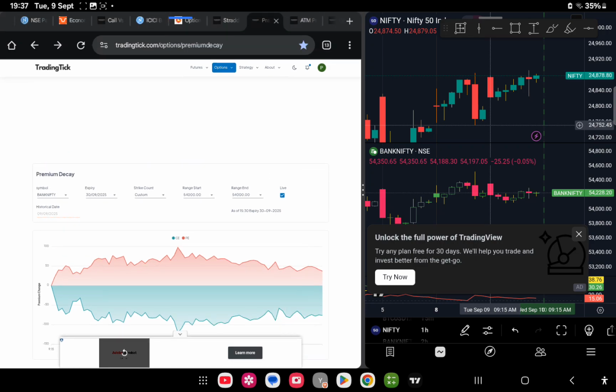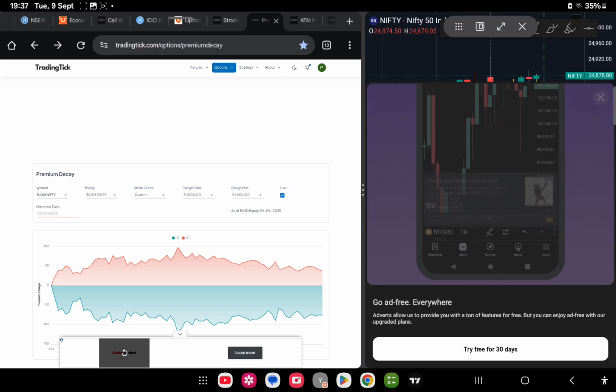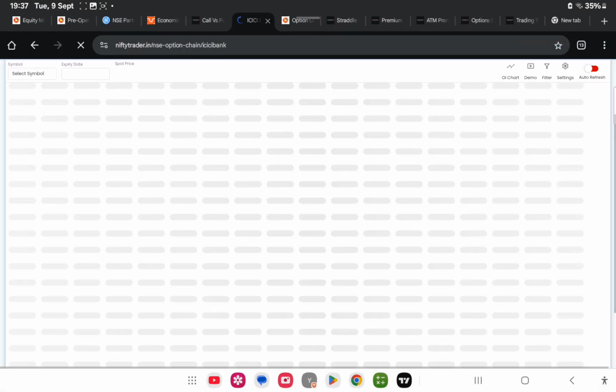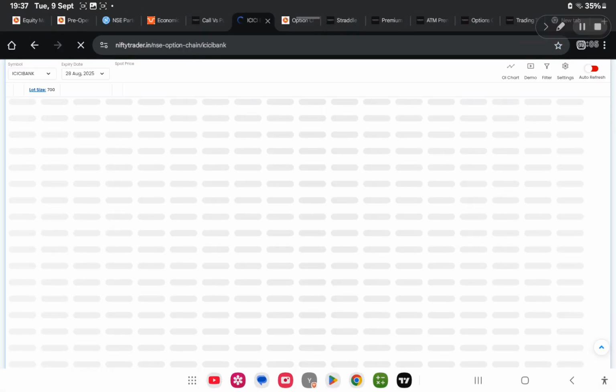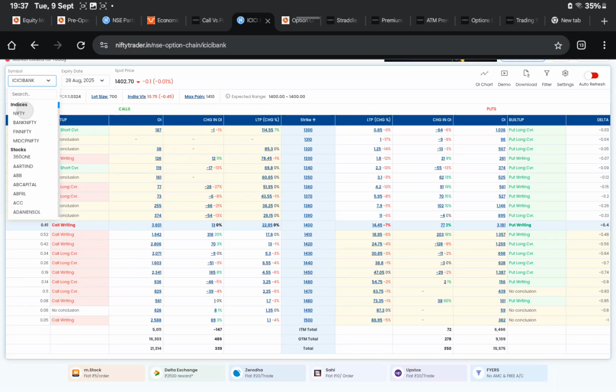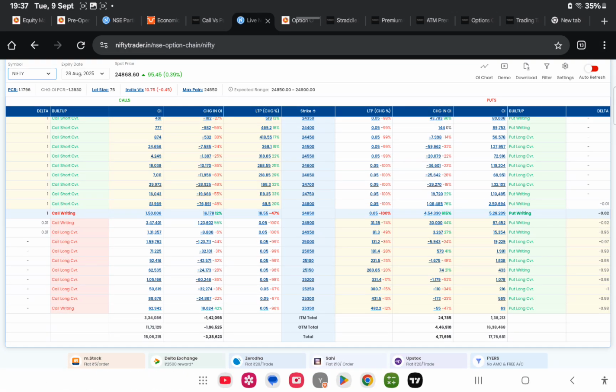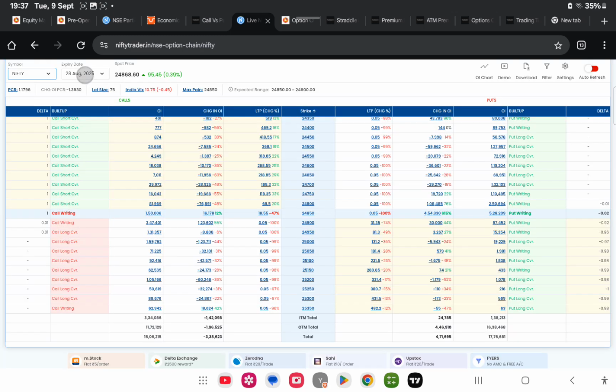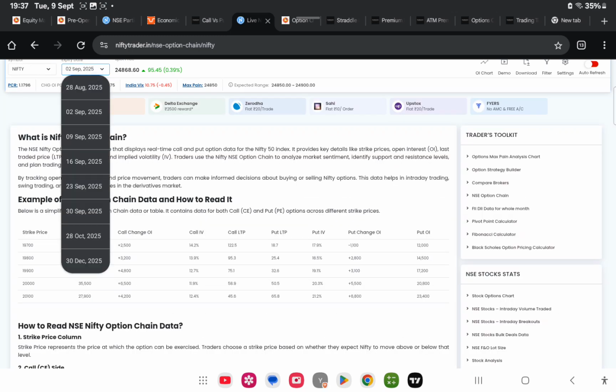Bank Nifty is still struggling, so let's just move on to the important support and resistance zone. I'm taking the Nifty Trader website here. Let's start with Nifty. We are going to concentrate on OTM 11 versus 16. This is this expiry, so unfortunately it's not clearly showing up.